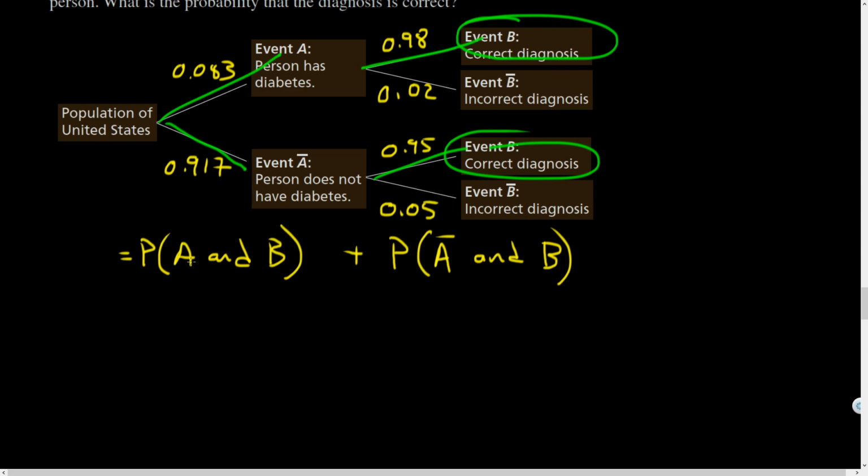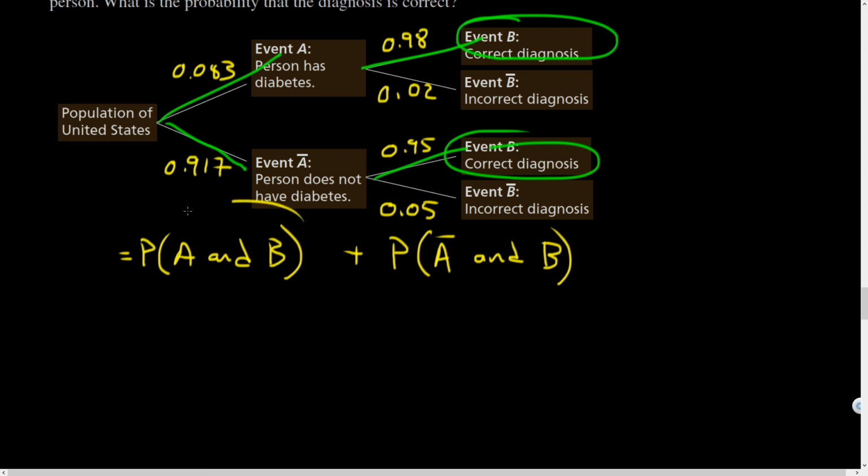How do I find the probability of A and B? Well, I can multiply those outcomes. Now, those are not independent events. They are dependent. If they were independent, then these numbers would have been the same. It wouldn't have mattered whether you have it or not. The test would have been equally accurate, but they do matter.